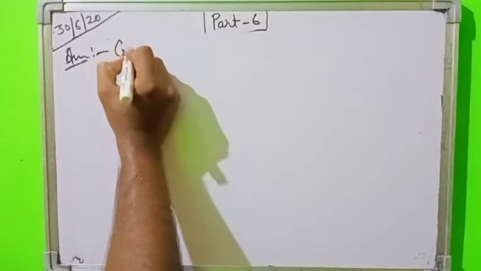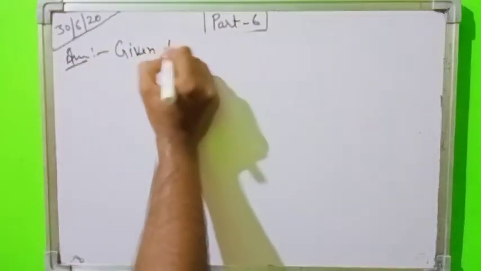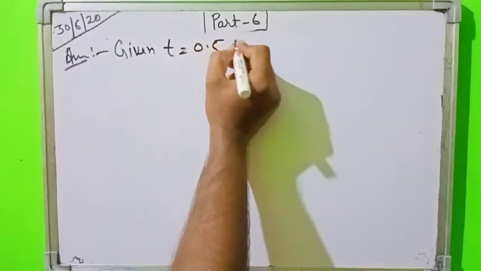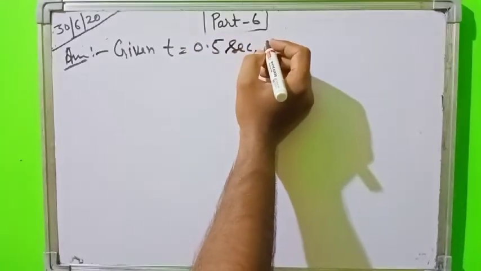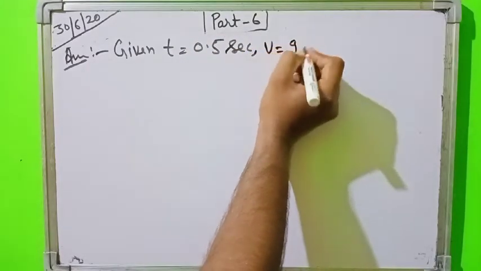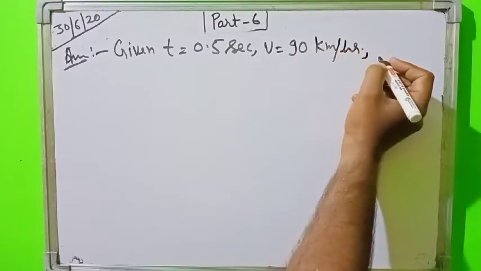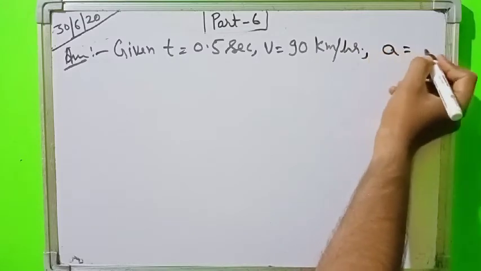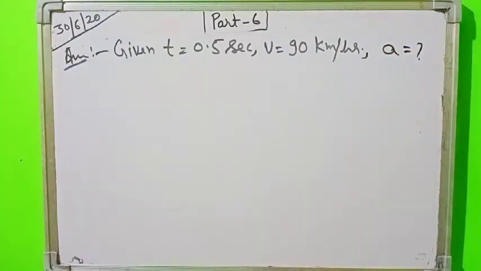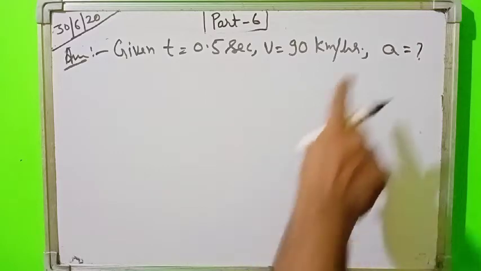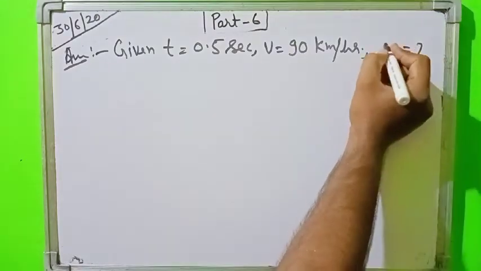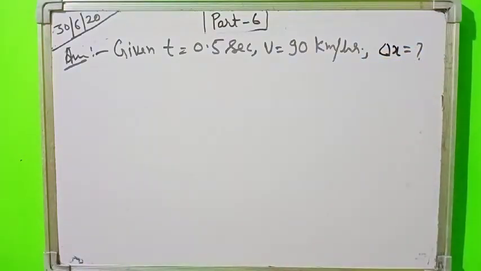Given t is equal to 0.5 second, v is equal to 90 km/h, a is equal to what? Delta x is equal to what? What is the displacement in that time you had covered? You have to find out that displacement.